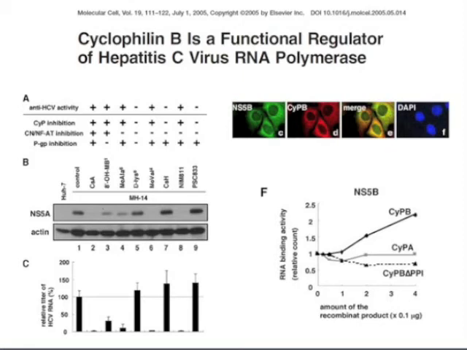It was not dependent on cyclophilin A, which is a related but different protein, and if you mutated the enzymatic activity of this peptidyl-prolyl cis-trans isomerase, you would lose the ability of cyclophilin B to increase binding of NS5B to its RNA target. So it's felt that cyclophilin B, because it can enhance protein folding, must allow NS5B to get on the RNA template. This is a really good example of a virus usurping a cellular function to promote its own replication.